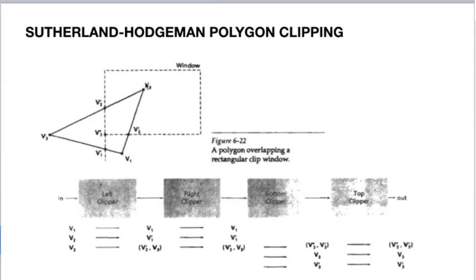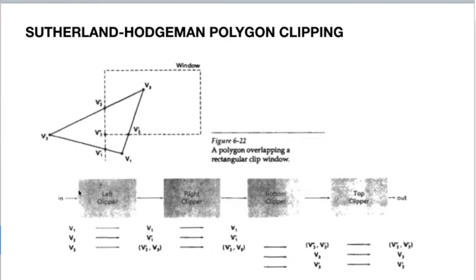Here you have a polygon v1, v2, v3, a triangle which is overlapping a rectangular clip window. Here we are using a pipeline of routines.